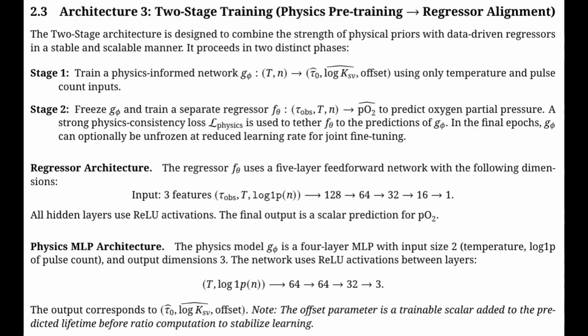The final network F data was a 5-layer MLP with dimensions 3 for the input, 128 for the first layer, 64, 32, 16, and 1 for the rest of the layers, and the final layer just predicts the PO2. The physics network G5 is a smaller 4-layer network with 2 inputs and 3 outputs.